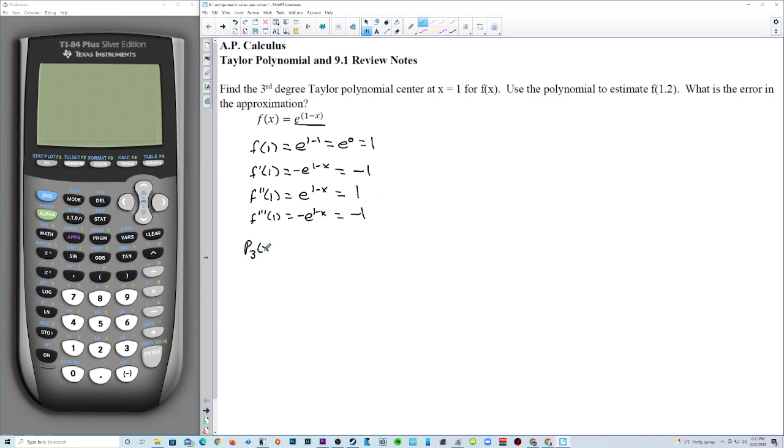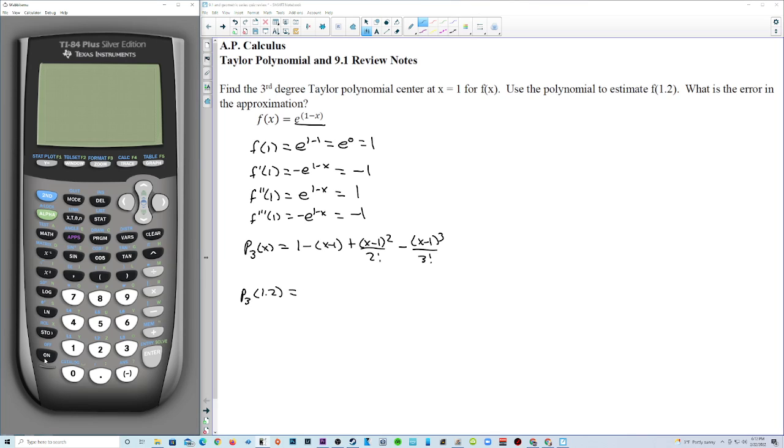The third degree polynomial is 1 minus x minus 1 plus x minus 1 squared over 2 factorial, and then minus x minus 1 to the third over 3 factorial. Now we're going to use this polynomial to estimate 1.2.